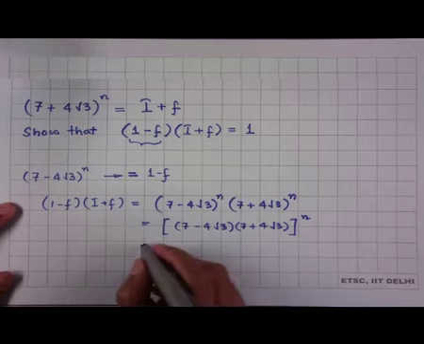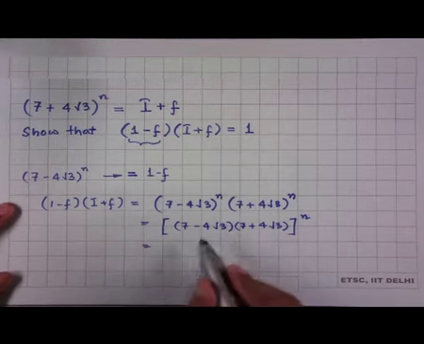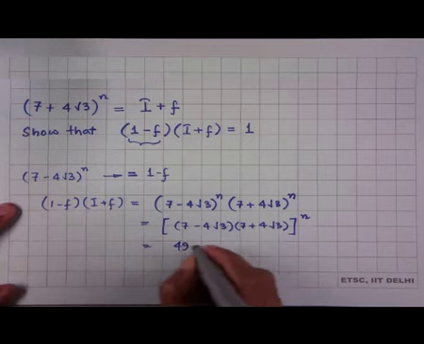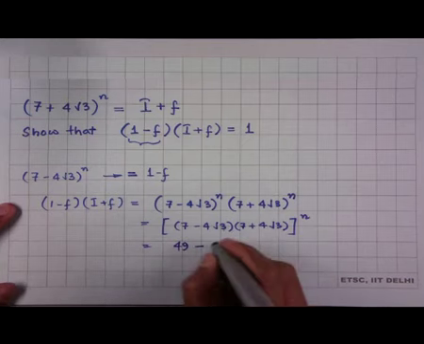Okay. And what have I got? 7 times 7 and 4 root 3 times 4 root 3. So, 49 minus 16 into 3, so 48.